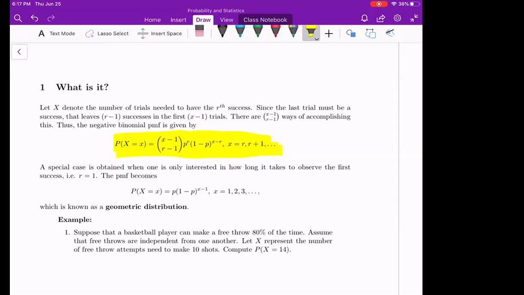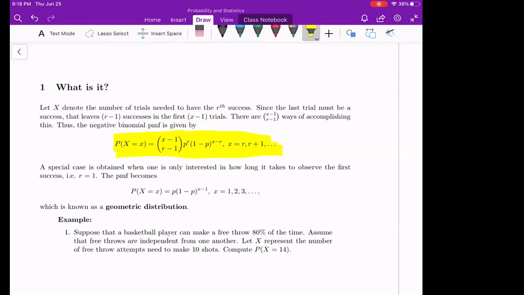Or what's the probability of having 8 people go through a drive-through at Burger King before you see the first person to order the Whopper? Right? And so those scenarios are ones where you would use the negative binomial distribution in order to find the probability.